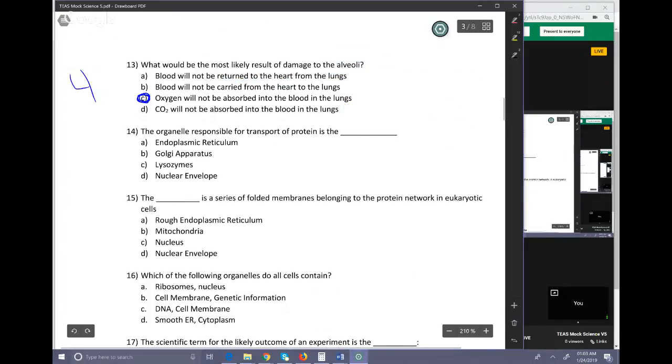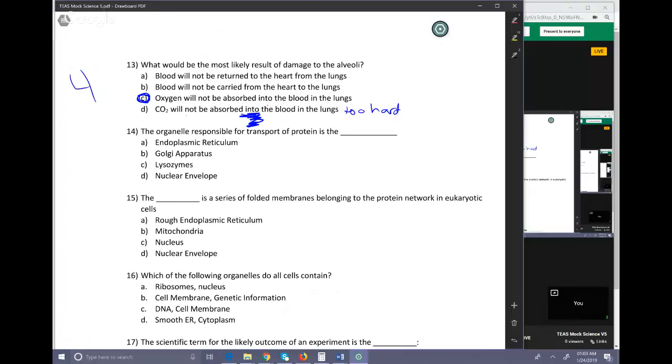D is wrong because it says CO2 will not be absorbed into the blood. Very nitpicky. They would not give you an answer choice this hard. That's just me. CO2 will not be absorbed into the blood in the lungs. That's backwards.